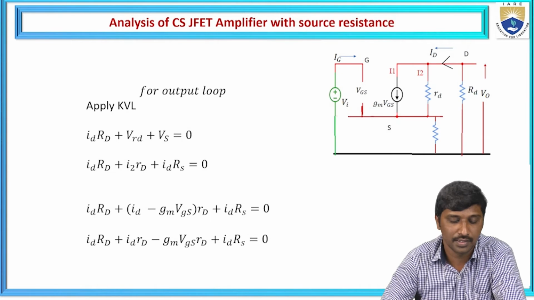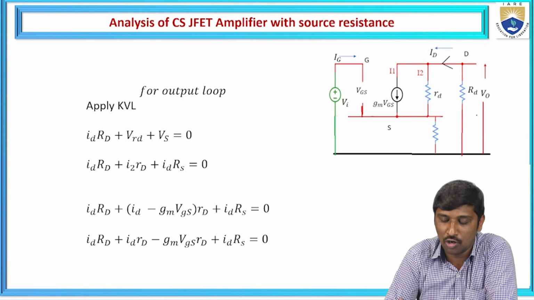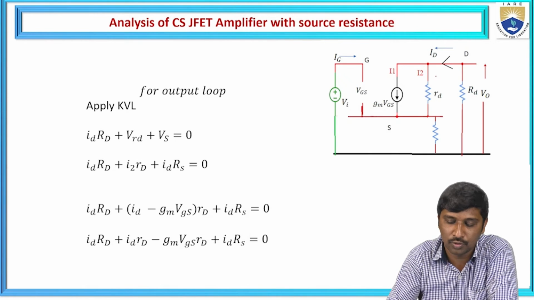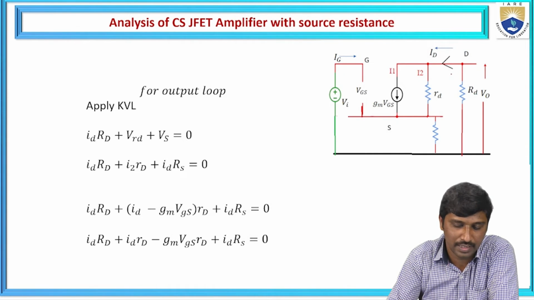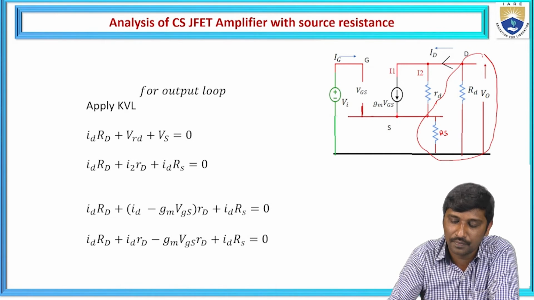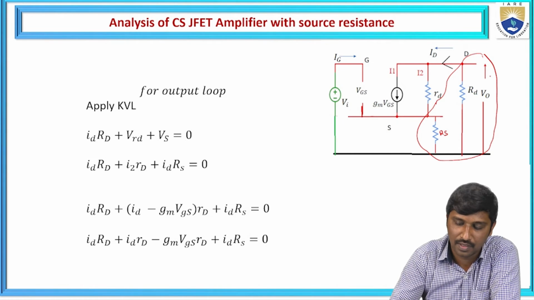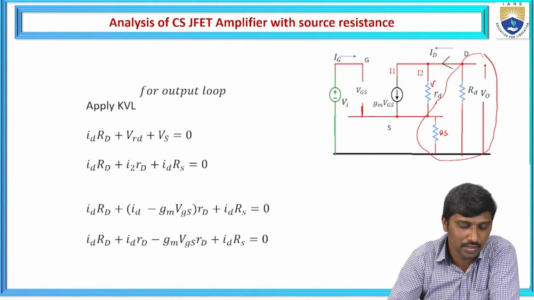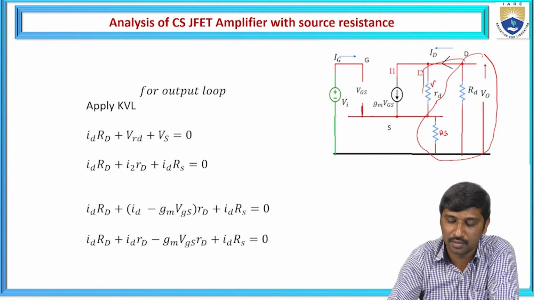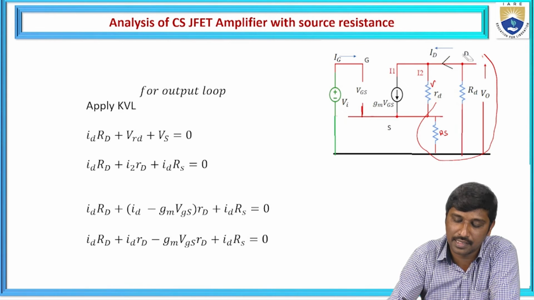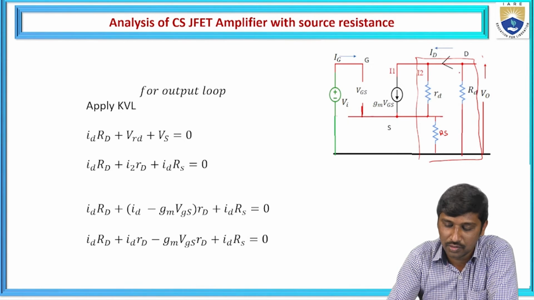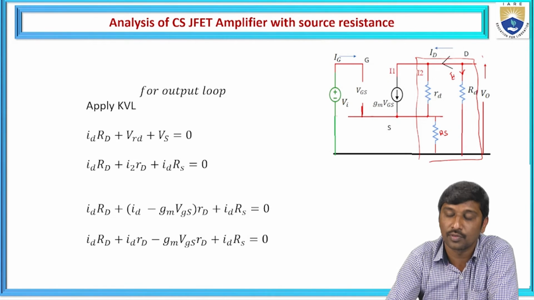Now, similarly, let us apply KVL at the output loop. Which current flows here? This is RS, and this is the output side. Here I assume that some drain current flows.